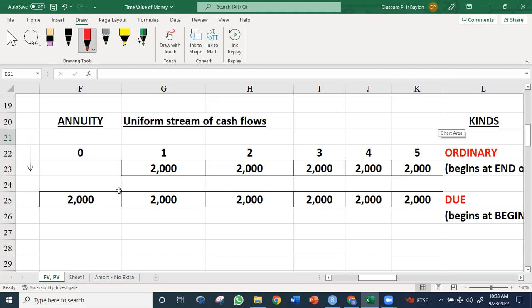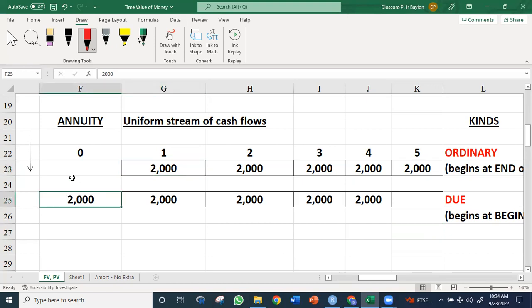They should be the same. On the other hand, this one is also an annuity of 5 cash flow payments of 2000. There's a difference between the first one, where the cash flow starts at the end of the period, and this one, at the end of year 0, at the beginning year.